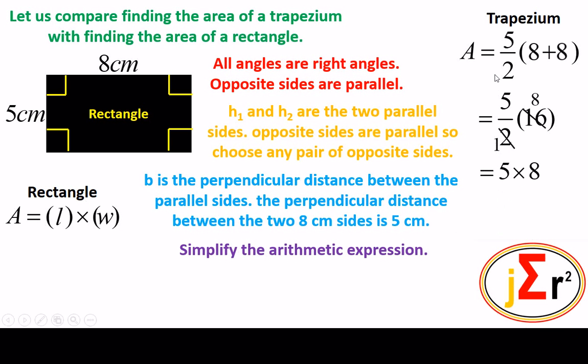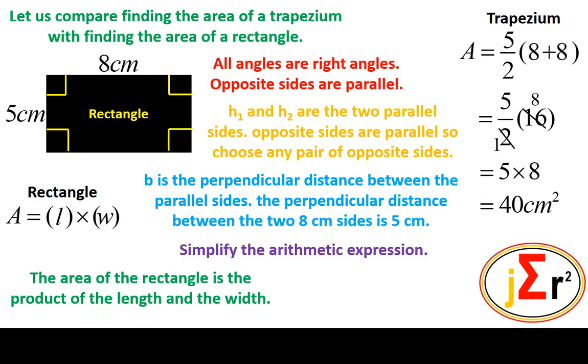Then we'll finish up with 5 times 8, and of course 5 8's are 40, but we just have 1 to divide by. Any number divided by 1 is that same number, therefore we can ignore that one. So its area is 40 square centimeters, or we may say centimeters squared.